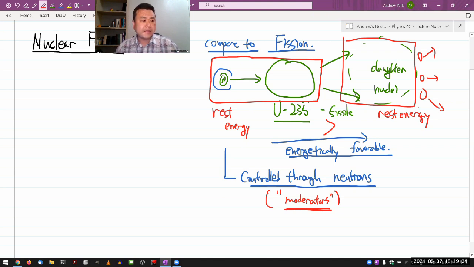And I think way back in 2013, with the last well-publicized nuclear disaster in Fukushima, one of the things that you might have heard about was the water in the nuclear reactor.